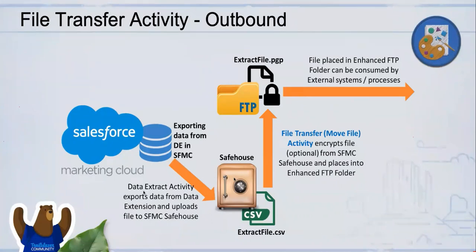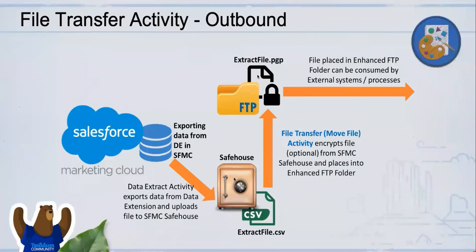Step 1, you use data extract activity, which exports data from the data extension and uploads the file to Safe House. And then again, you use the file transfer option under the move file option, and you use that to encrypt the file and place it into the FTP folder.